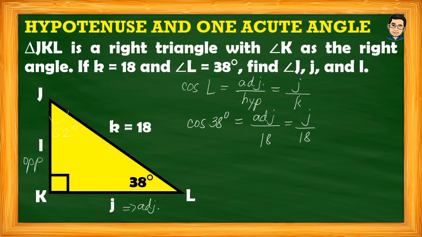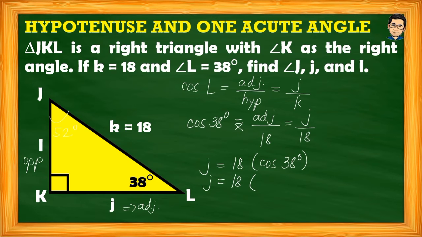Next, ang gagawin natin ay cross multiplication. So, cosine 38 saka 18. Cross multiply, so magiging ganito siya: J is equal to 18 times cosine 38 degrees. And then, press lang natin sa calcu yung cosine 38 degrees. So, cos, tapos 38, and then equals.